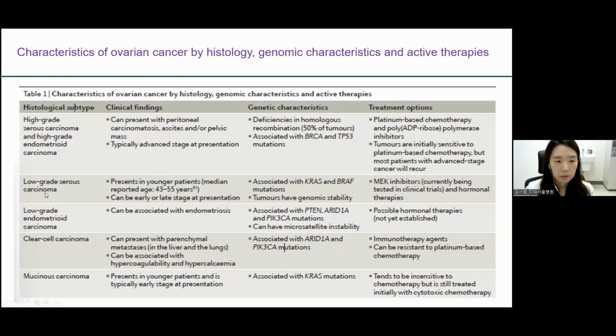Low-grade serous carcinoma usually presents in young patients, so it can be early or late stage at presentation. Low-grade endometrioid carcinoma can be associated with endometriosis. Clear cell carcinoma can present with parenchymal metastasis in the liver and lungs, and can be associated with hypercoagulability and hypercalcemia. Finally, mucinous carcinoma can present in younger patients, and is typically early stage at presentation.